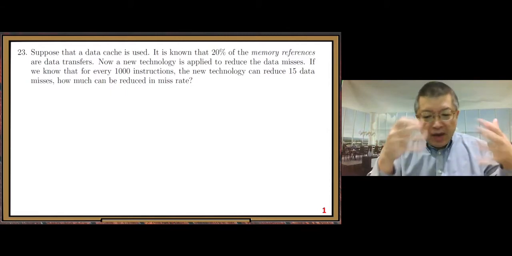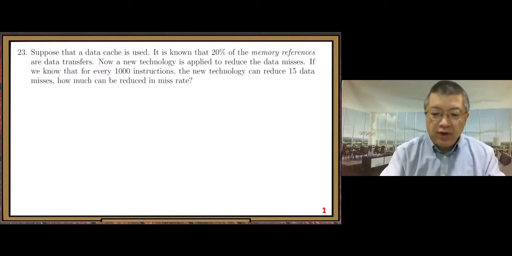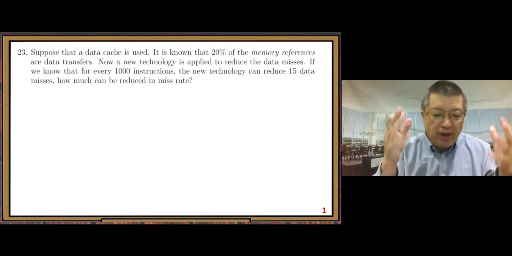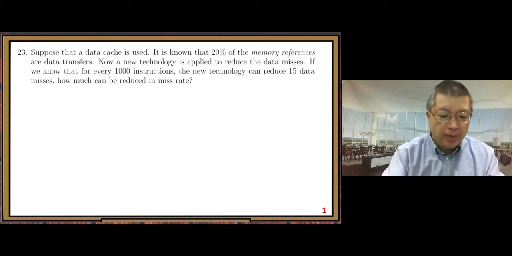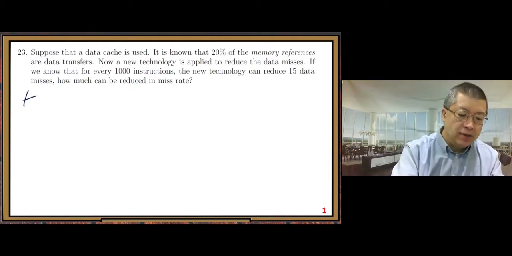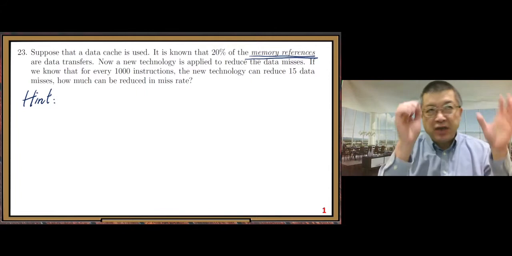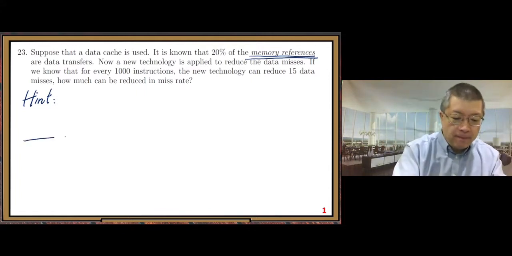We did several similar questions before, and this one is slightly different, but the way we handle it is pretty much the same. So look at the hint. Draw the diagram, 20% of the memory references. So that's our base. All right.